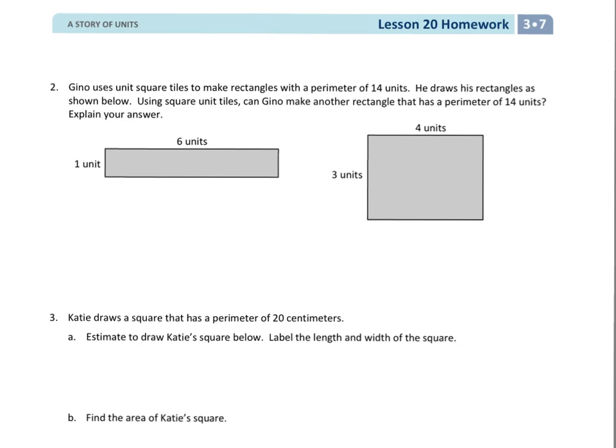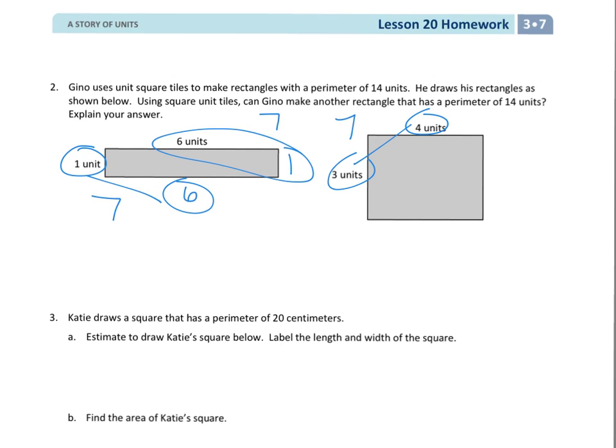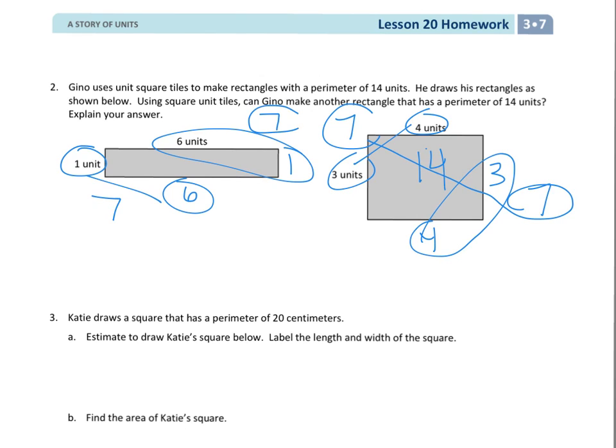Now, again, we're going to use the same concept. If I add this side and this side, I get 7. This side and this side, I get 7. 4 and 3 get me 7. And I know if I add this 7 and this 7, I get 14 as my perimeter.